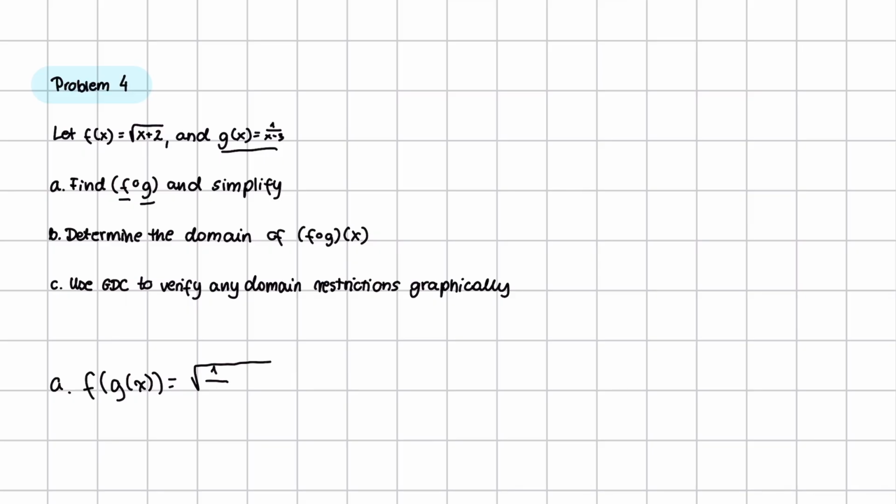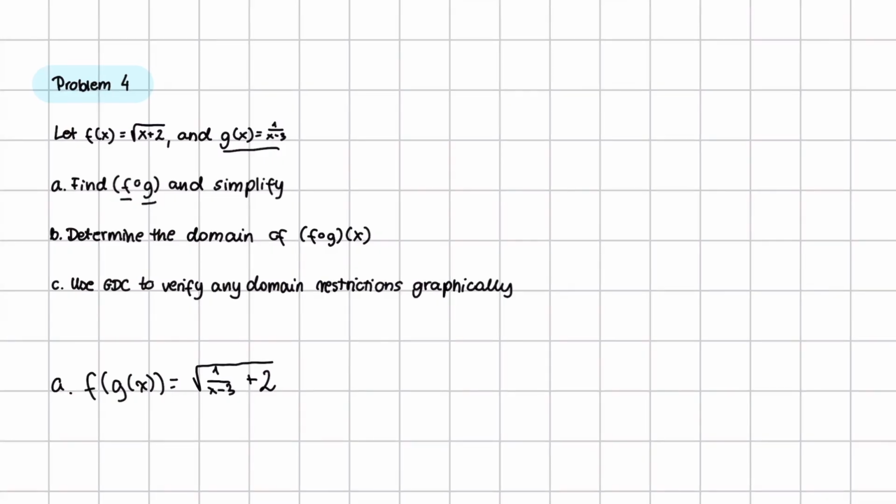So 1 over x minus 3 plus 2, which is from our function f, and this is our final answer. It says that we have to simplify it, however, we cannot do much with it, so we can leave our function like this, and in B we have to determine the domain of our function.